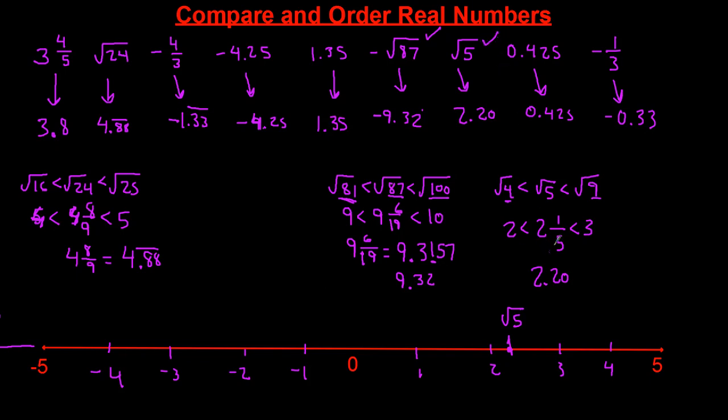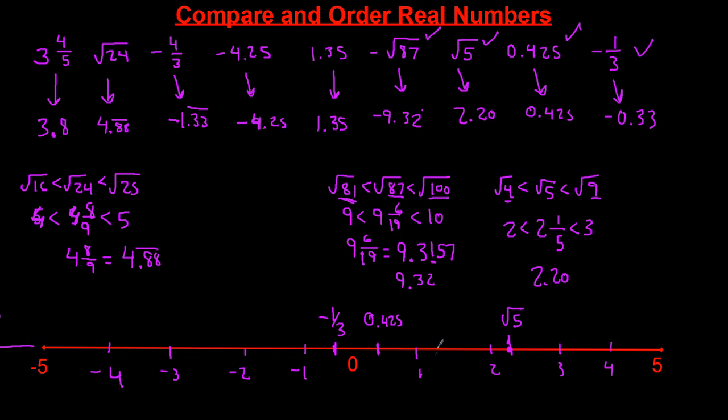Next, 0.425 is a little bit less than a half, so it'll be over here. Negative 1/3 is about a third from 0, which we'll say is right here. So this is negative 1/3.